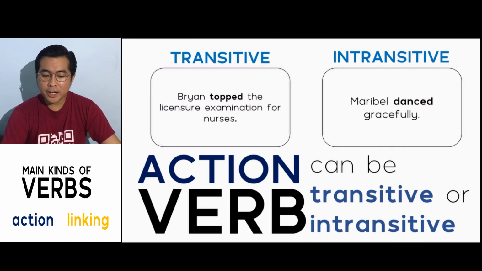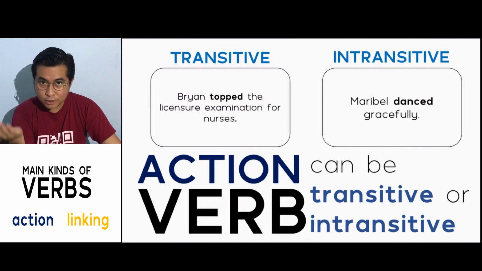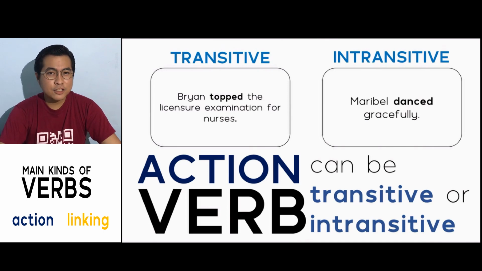Let's put it in the test of what or whom. Danced what? Or danced whom? Can you see the answer for those questions? You cannot. Therefore, danced is an intransitive verb. It does not have the object of the verb.